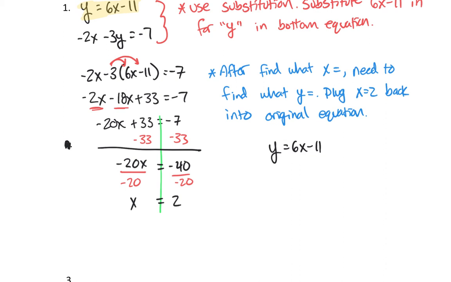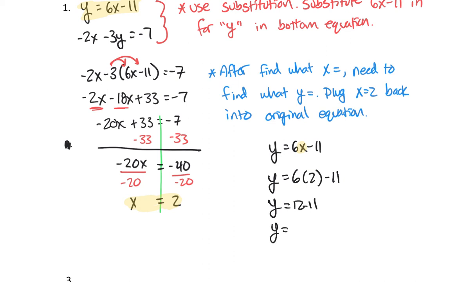Since x equals 2, I can take this value of x equals 2 and put it in right here for x. My work is going to look like the following. I'm not going to write with a highlighter, but rather with the pen. We're going to get y equals 6 times 2 minus 11, which is y equals 12 minus 11.